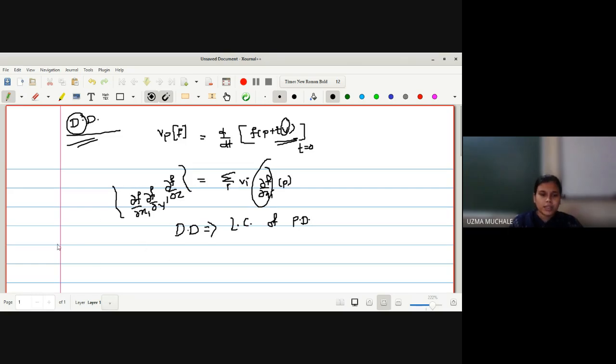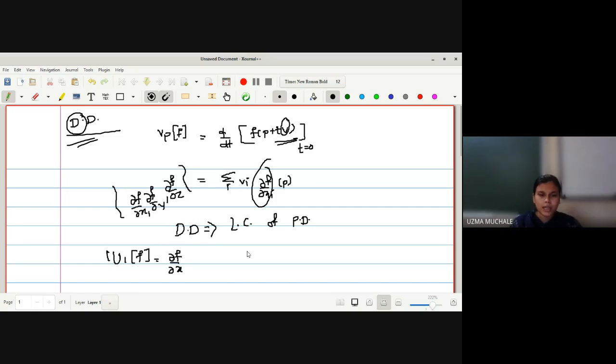Again, we have seen the theorem in the last lecture that if you restrict your direction, the directional derivative of the function f in the direction of the x-axis is reduced to a partial derivative.